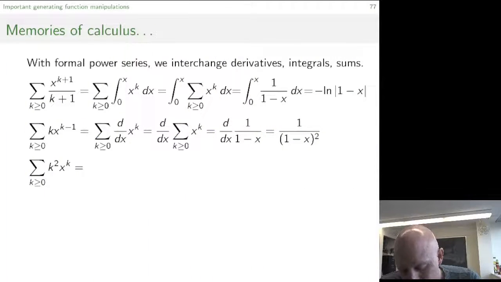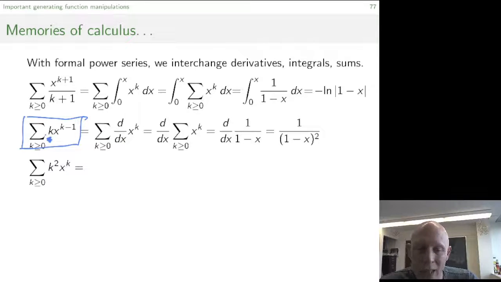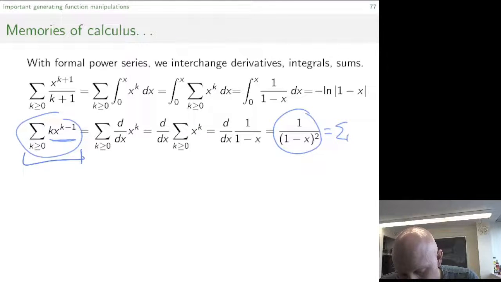And you'll notice that the coefficient in front of x to the k minus 1 doesn't really match up with the exponent of x to the k minus 1. Let's say we wanted the coefficient to match up with the exponent. What we're seeing is that we need to bring in an extra value of x.